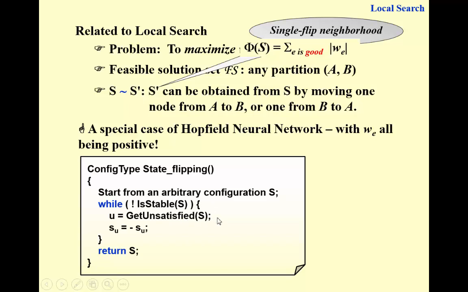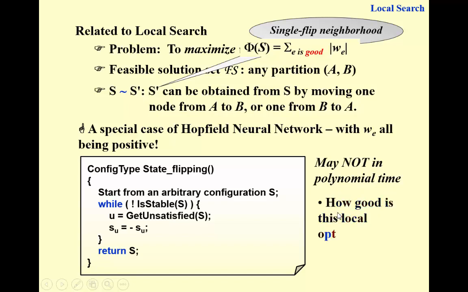The key problem is, first of all, it may not be in polynomial time. So now researchers are working in mainly three directions. One is to get a polynomial time algorithm. The second is to estimate how good this local optimum is, about measuring the quality of the solution.